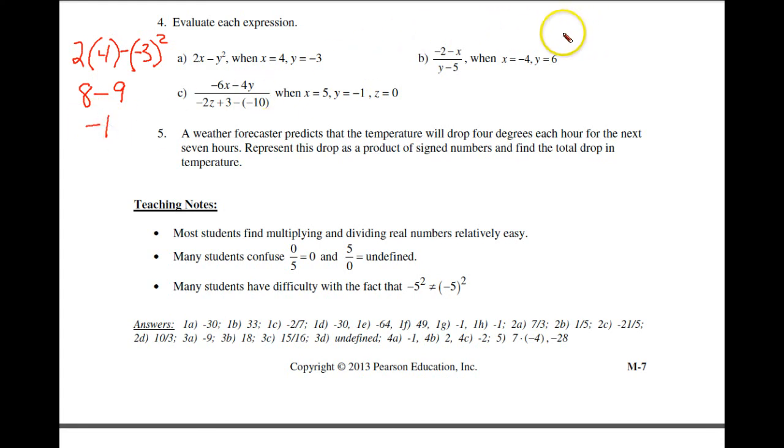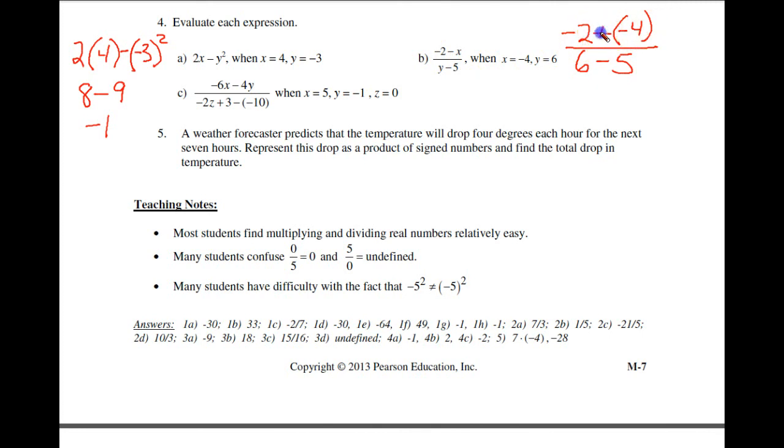In letter B, we have a -2 minus. Now, notice our x is a -4, so we'll put that in a parenthesis. And then we have y, which is 6 minus 5. And it never hurts to check your work. So -2, negative of a -4.